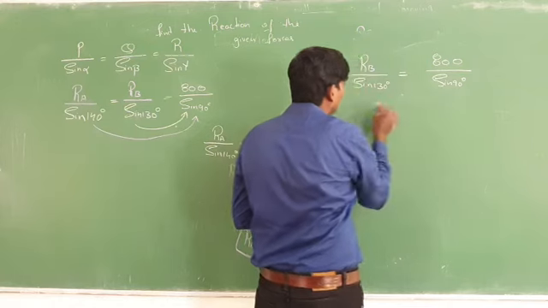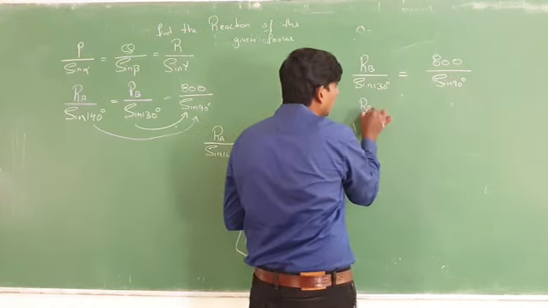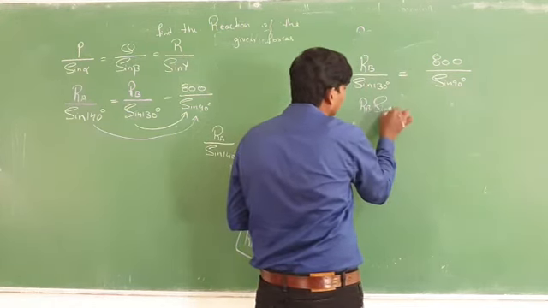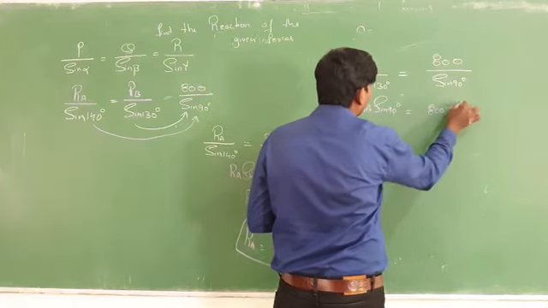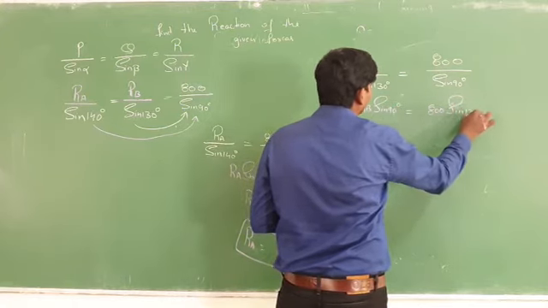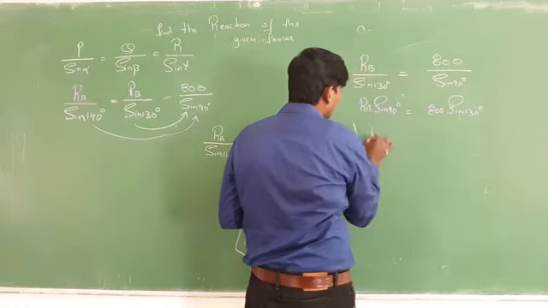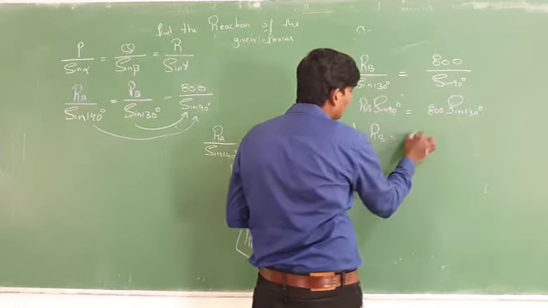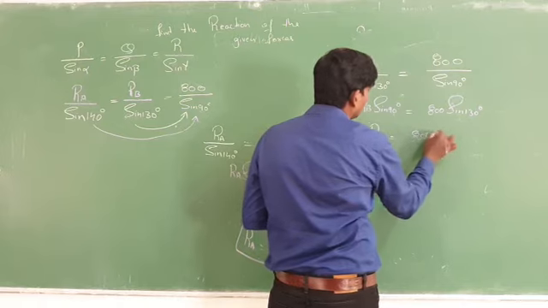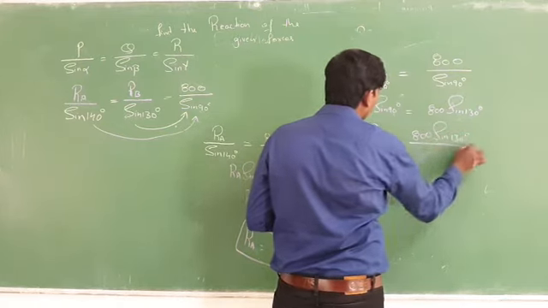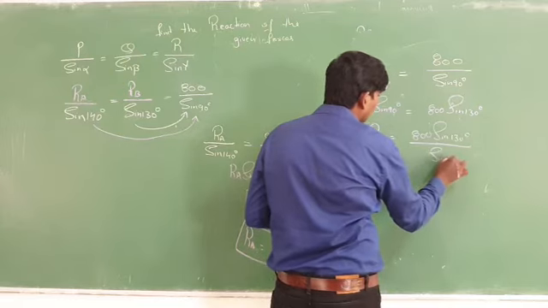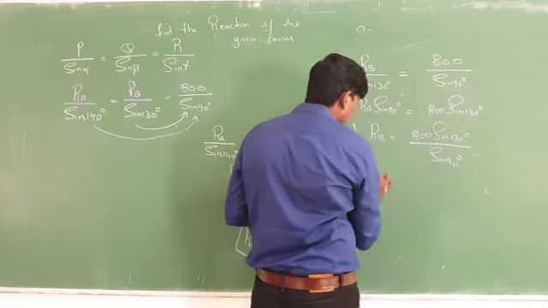If you go for the cross multiplication, RB sine 90 is equal to 800 sine 130 degree. That is RB is equal to 800 sine 130 degree by sine 90 degree.